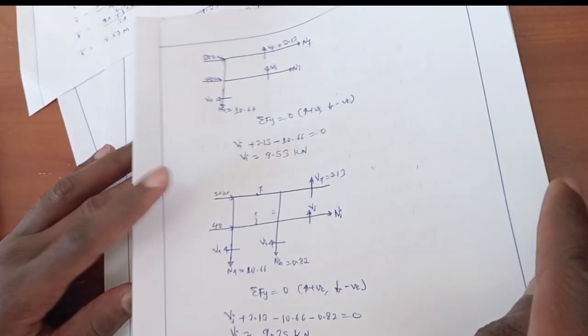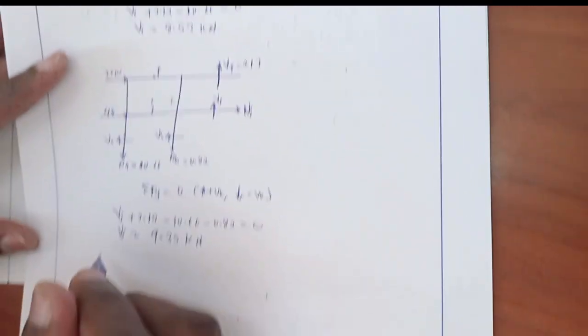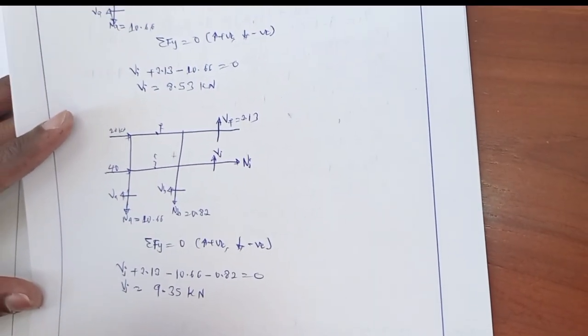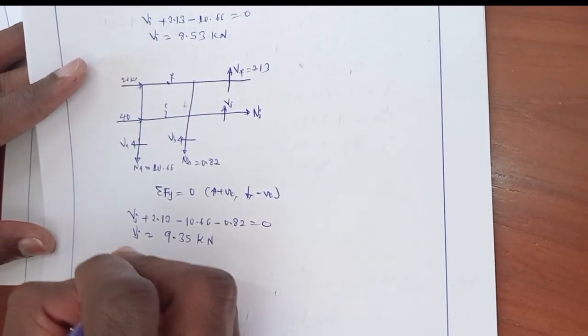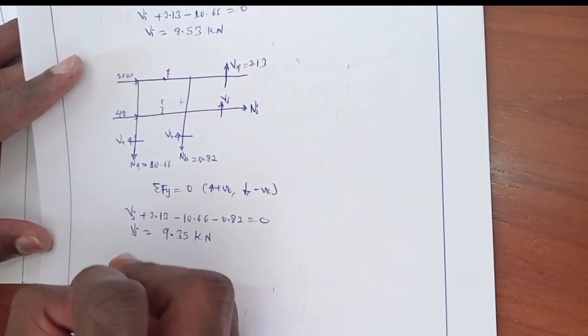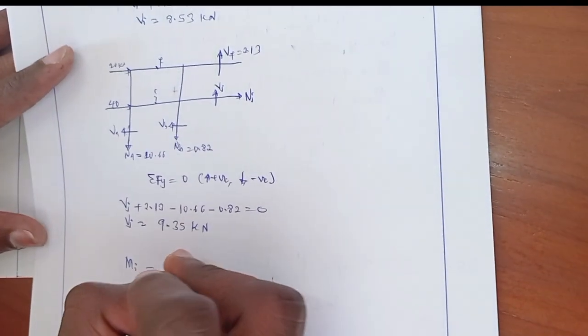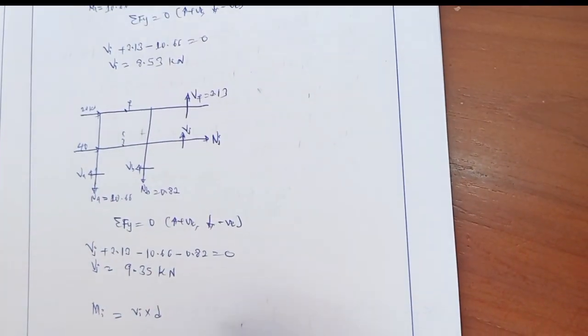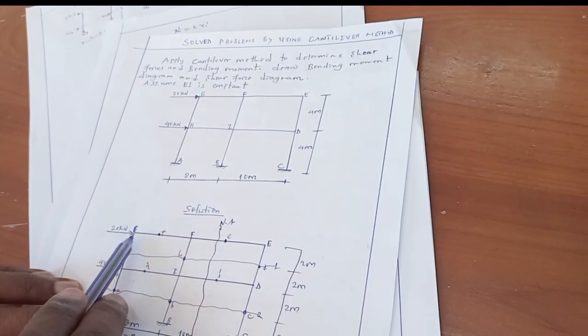So the next step is to calculate the bending moment of this horizontal member, the moment of this shear force of horizontal members. The bending moment is obtained by shear force times distance from the point of inflection to the rigid joint.